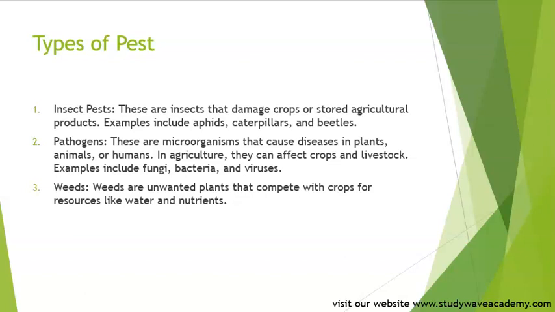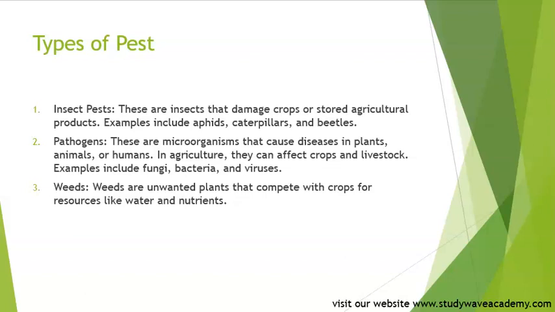The pathogens are disease pests. They are tiny things like germs, the bacteria, viruses, or fungi that can make plants or animals fall sick. They make animals or plants sick.